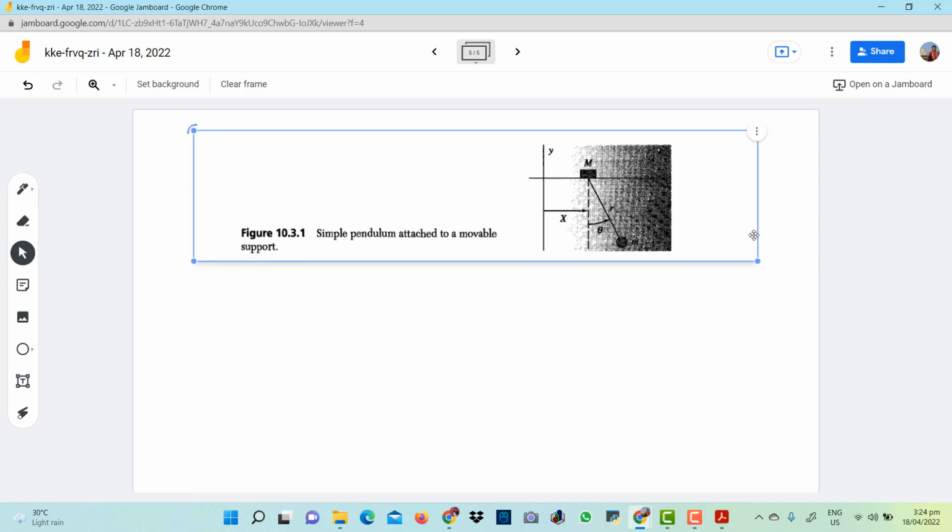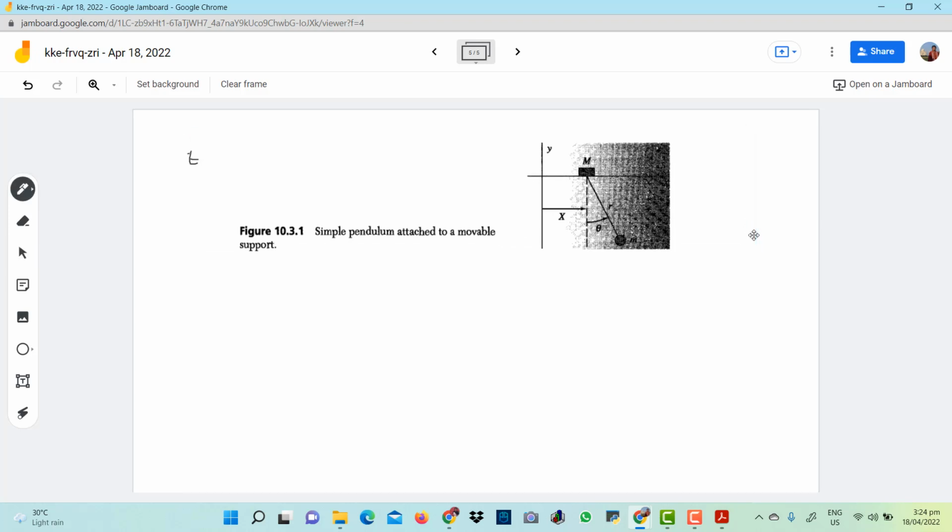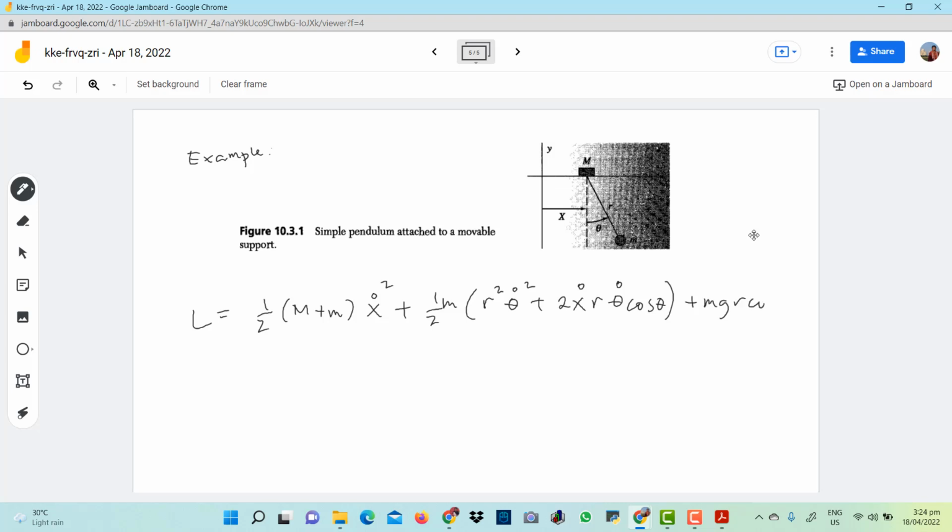The Lagrangian of this one is equal to 1/2 (m plus m) x dot squared, plus the rotational kinetic energy, plus a coupling term 2x dot times R theta dot cosine of theta, plus mgR cosine of theta.